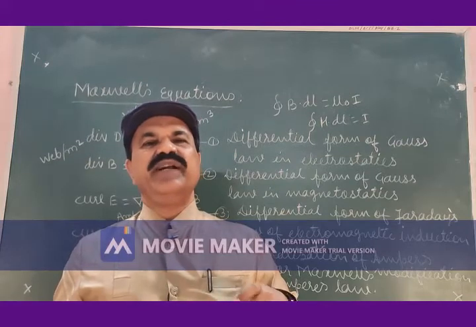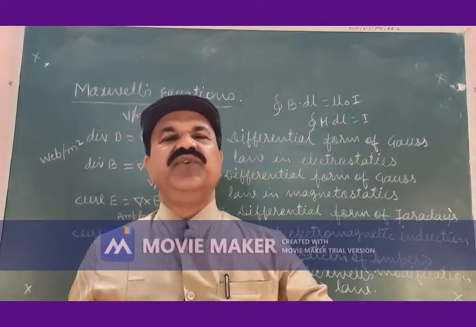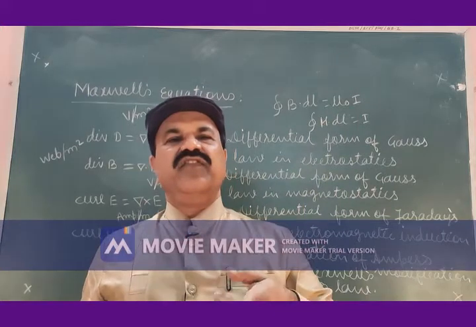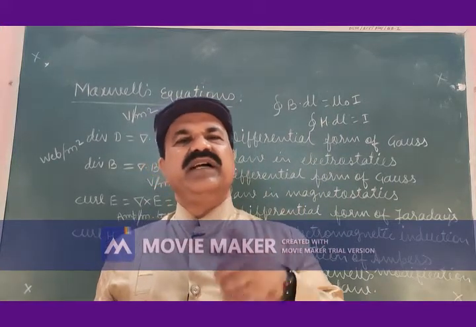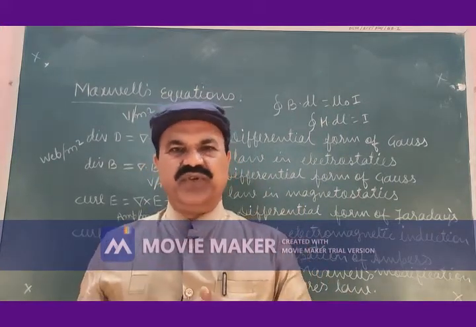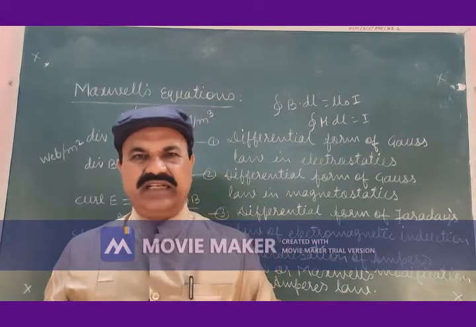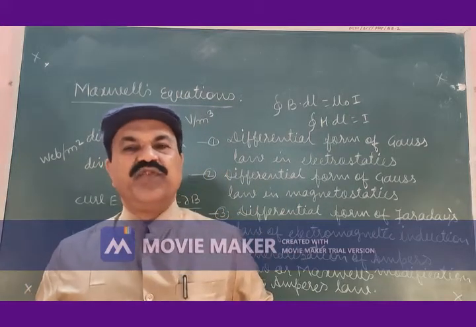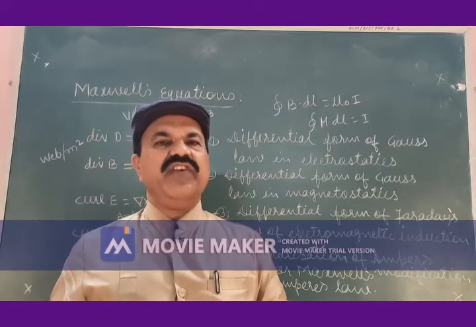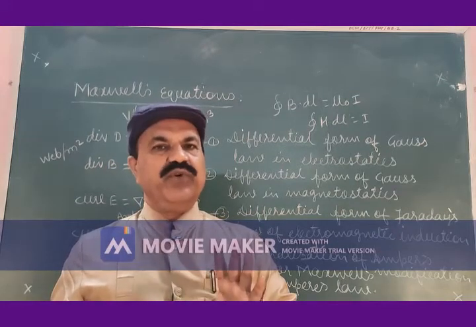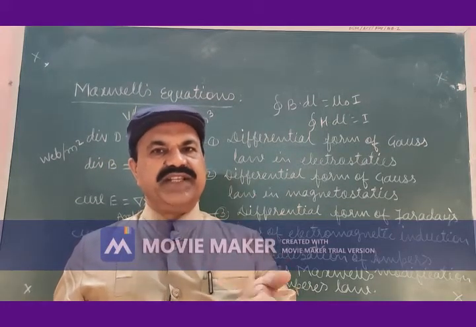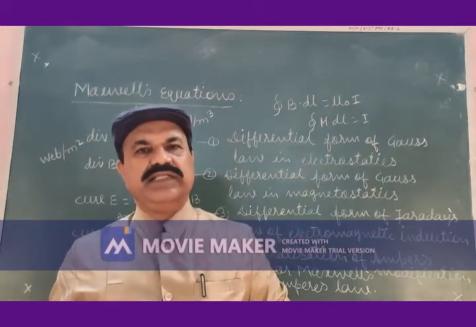Displacement current dou D by dou t is as effective in producing the magnetic field as the current density vector J. We have seen all these things in the last article, and therefore these four equations are very important when we talk of electromagnetism or electrodynamics.